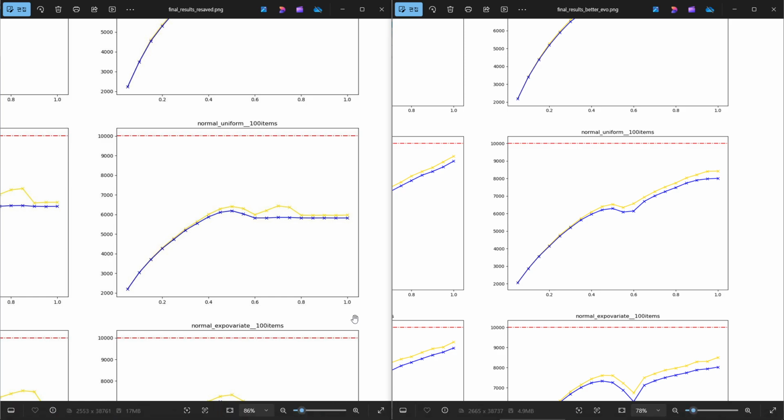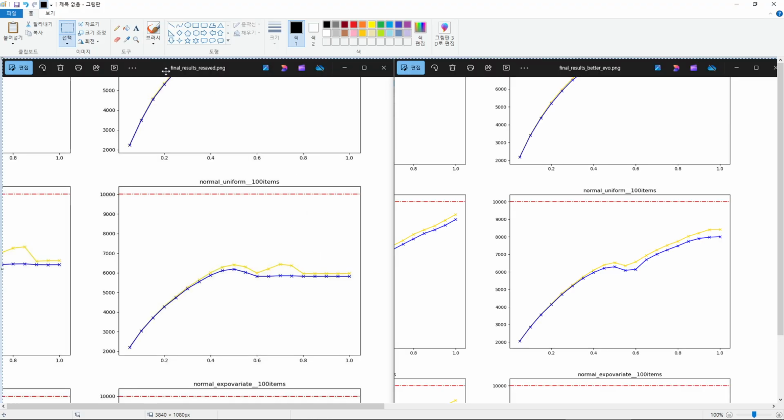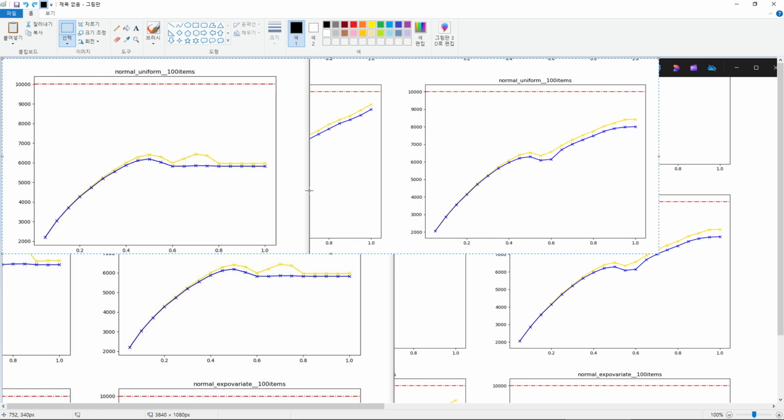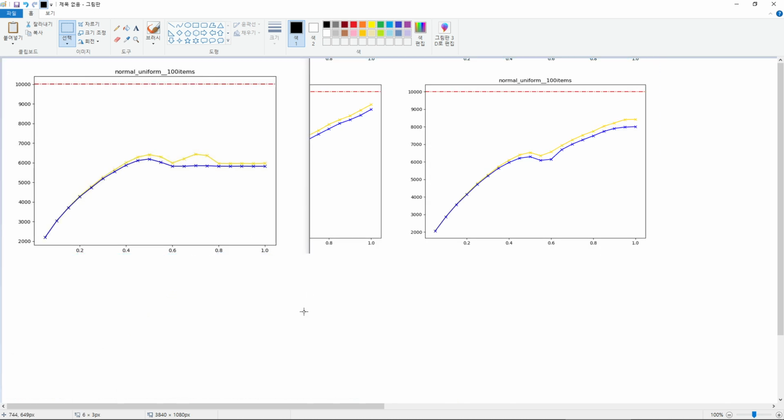So it's as if we took this apart with our hands, and then kind of twisted it upwards like that, which is why we get this.